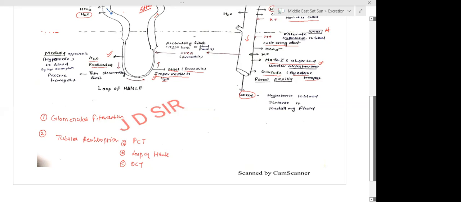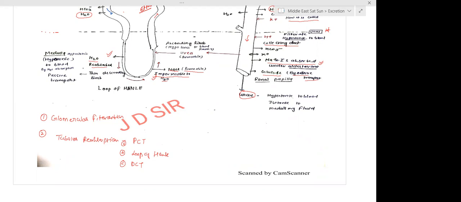So the filtrate becomes hypertonic to blood plasma at this point.